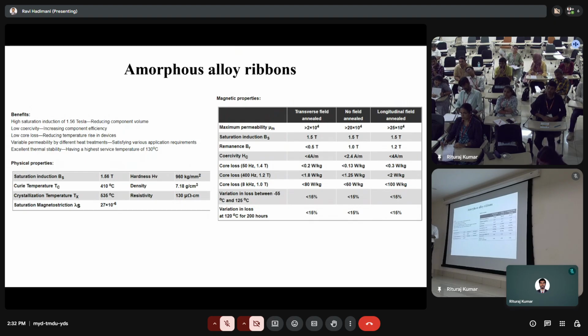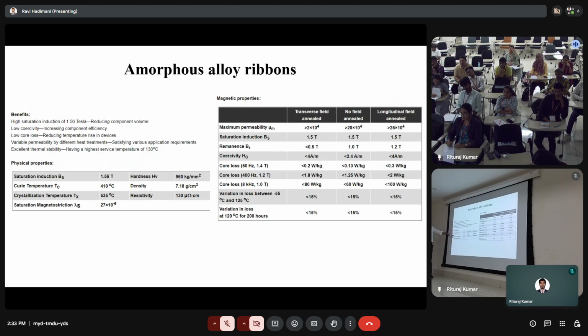That is due to magnetostriction that increases the core loss, and that core loss can be reduced with these kinds of materials. You can also have variable permeability by doing different heat treatment. You can increase the permeability by additional heat treatment, or leave it as it is, but it will have slightly lower permeability. And they have excellent thermal stability.